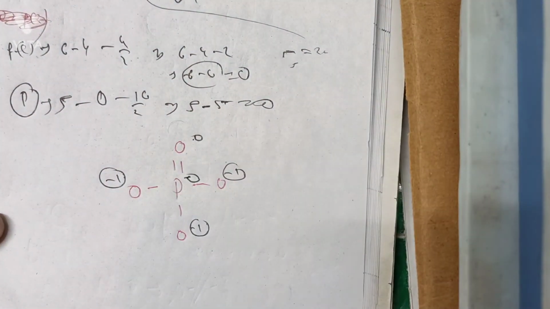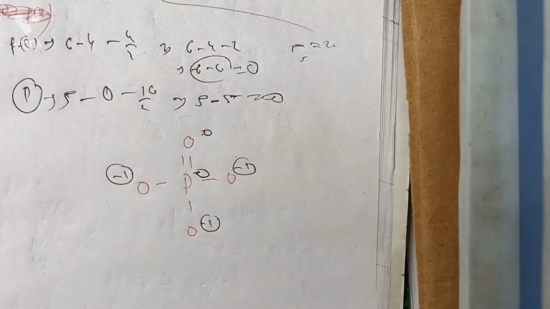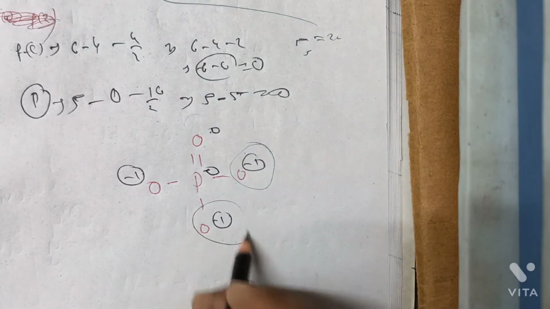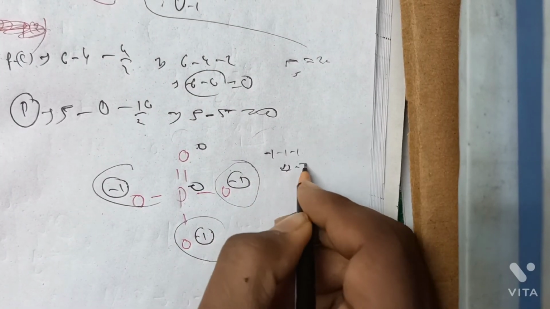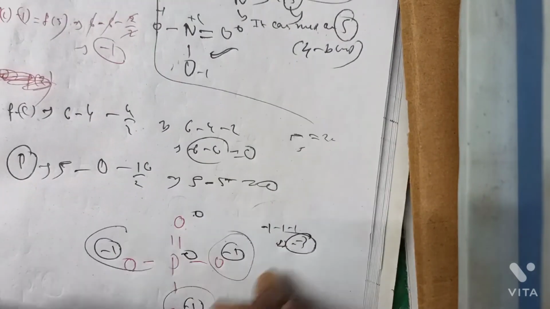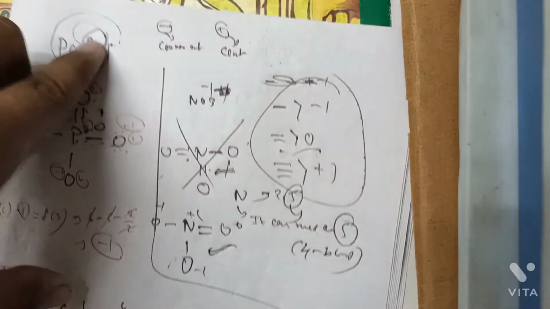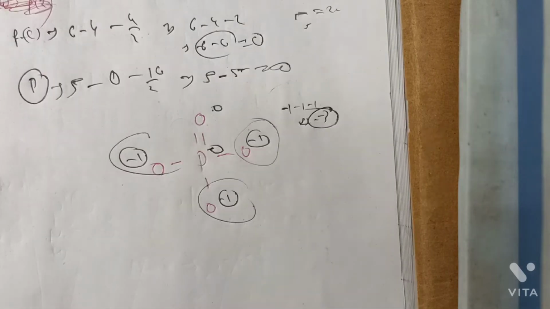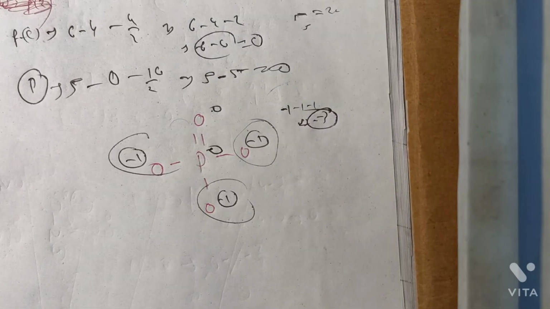The 0s have no effect on the molecule, so the -1s dominate, which gives -3. This -3 is present on the whole molecule. So by this you have learned how to find formal charge and got some glimpse of the Lewis dot structure.